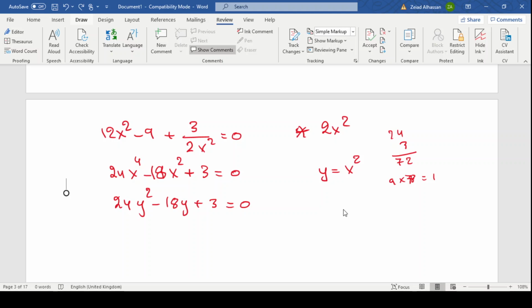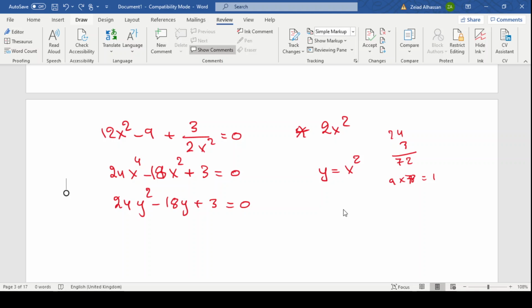It could be 9 times 8, it could be 36 times 2, it could be 6 times 12, so both negative. So we say that 24y squared, that minus 18 is minus 6y, minus 12y plus 3 equals 0.